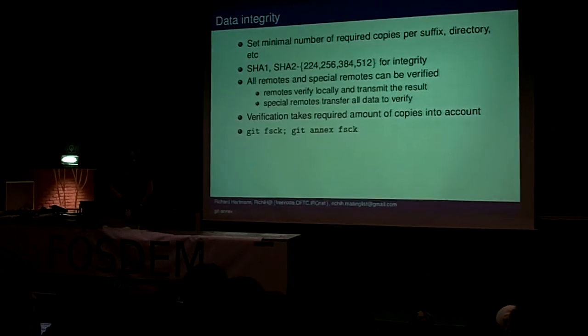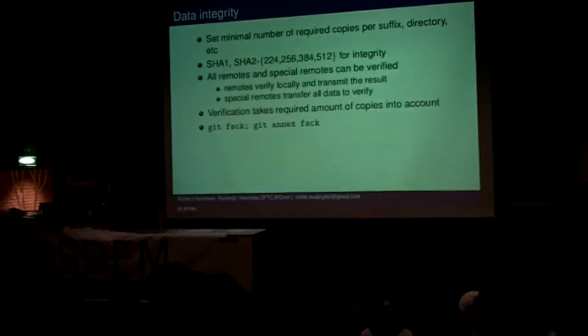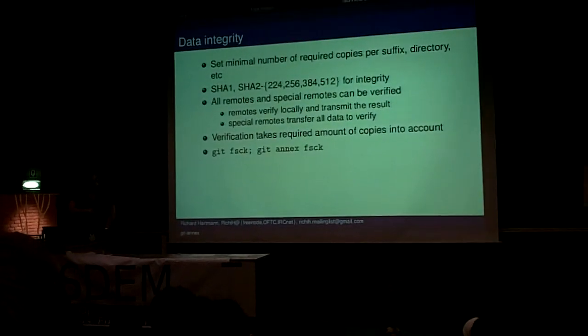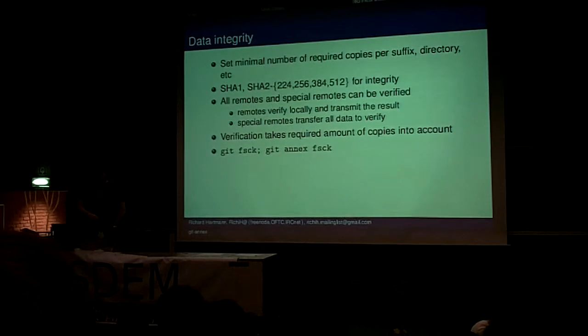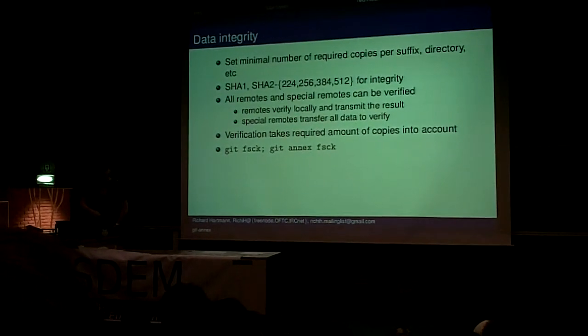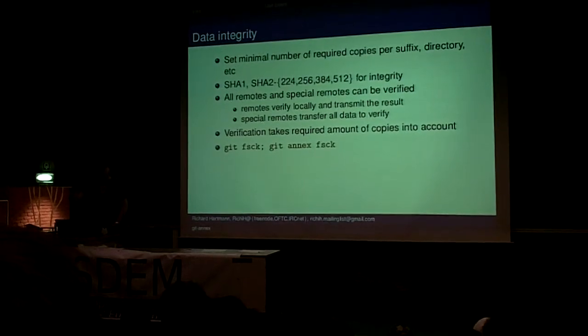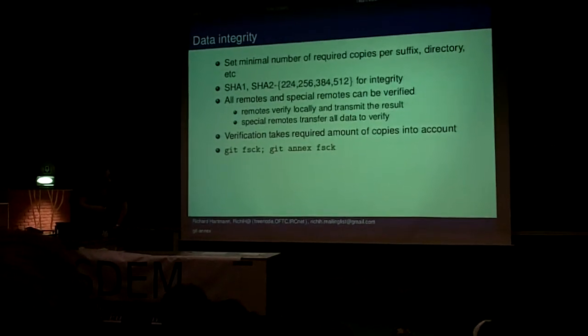It's able to verify every kind of remote and also non-JIT-NX remotes, which are called special remotes, and will be shown on the next slide. If you are using a remote JIT-NX, you have something called JIT-NX shell, which will run all the verification and everything locally, so you don't have to transmit everything via the network.